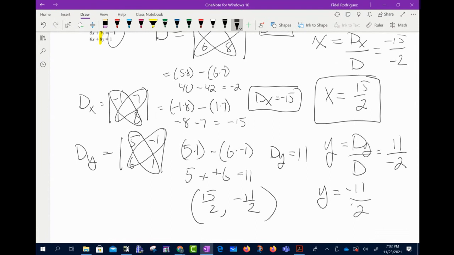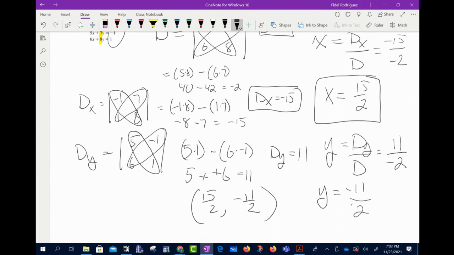They meet at 15 halves and -11 halves. And it's kind of hard to see that on a graph a lot of times. And so Cramer's rule and other processes do the same thing, but I'm able to find the solution without having to go back and look at the graph. Again, what is it I'm really doing here? I'm looking for the point where the two lines meet, okay?